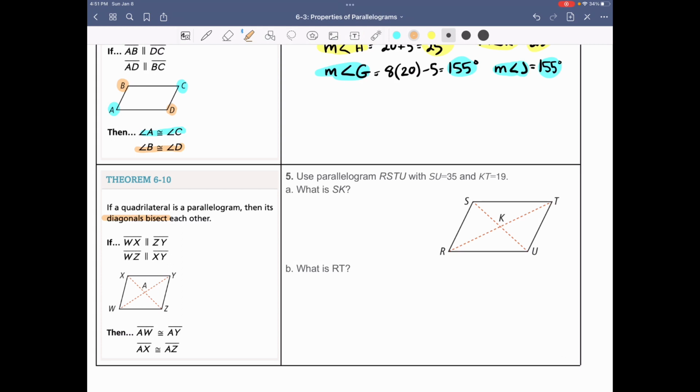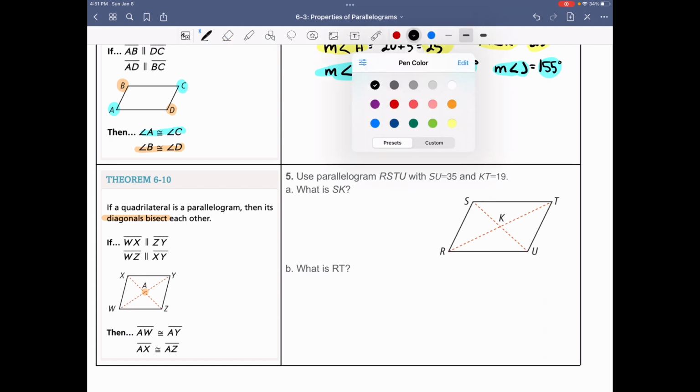All right, so that means that in this center, these lines are bisected. So A to W is right here, and we can show that they are congruent in measure. This is congruent using tick marks.